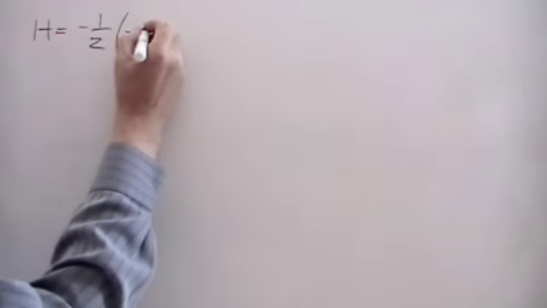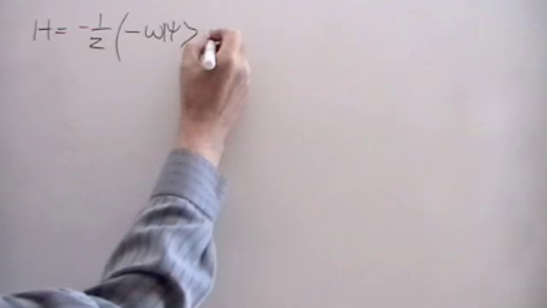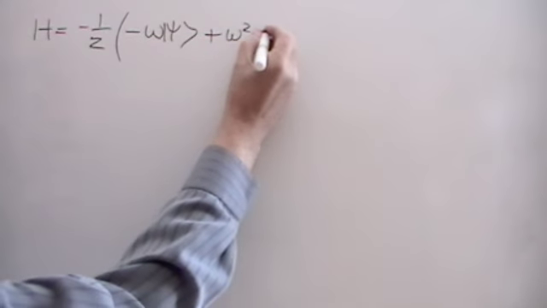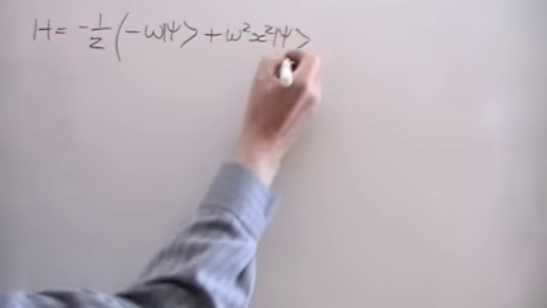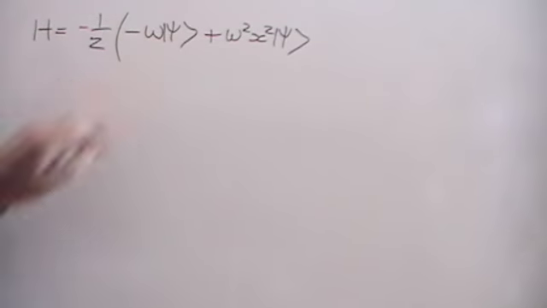So the Hamiltonian, you may remember, was minus a half times d2 psi by dx squared. Well, we've just worked out what that was. It was minus omega psi plus omega squared x squared psi. So that was our d2 psi by dx squared.